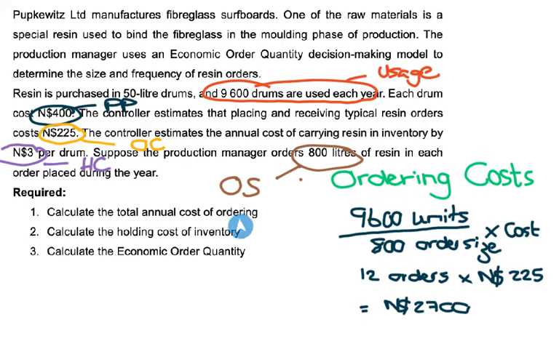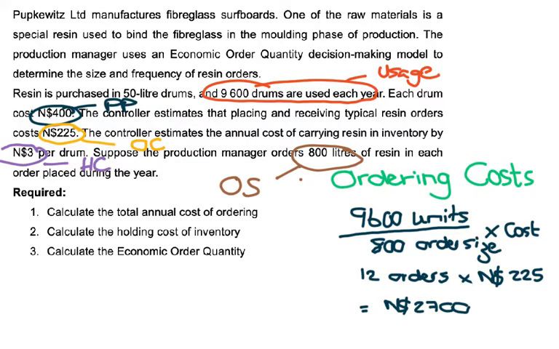Calculate the total annual cost of ordering. All right, so now we need to determine how many units we need every year, because we are talking about annual usage or annual cost of ordering. So this is a year. And we said that we need 9,600 units, drums, per year.